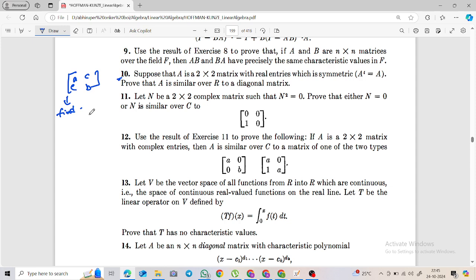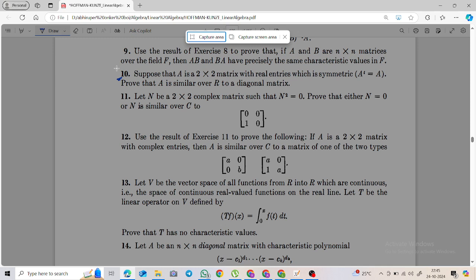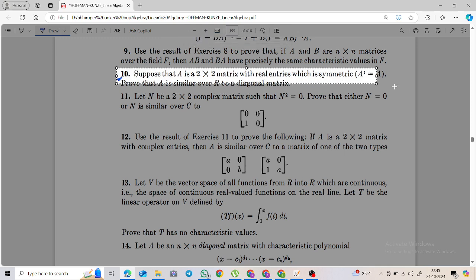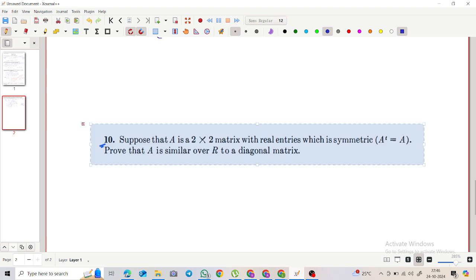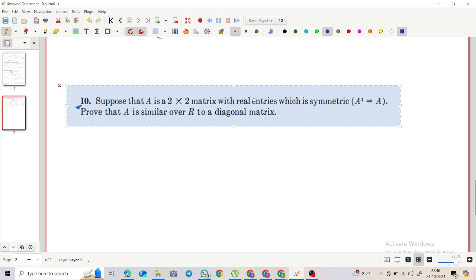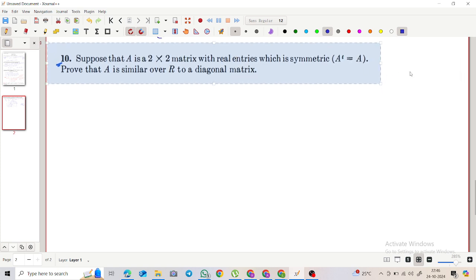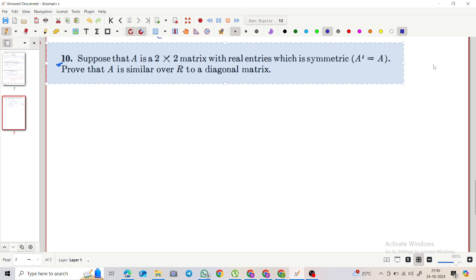But wait a minute. Here the characteristic polynomial should be x square. I think we'll start from this point.